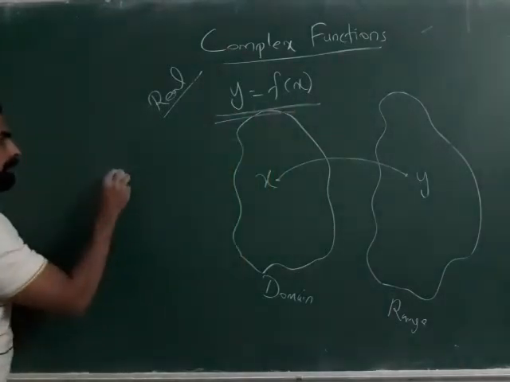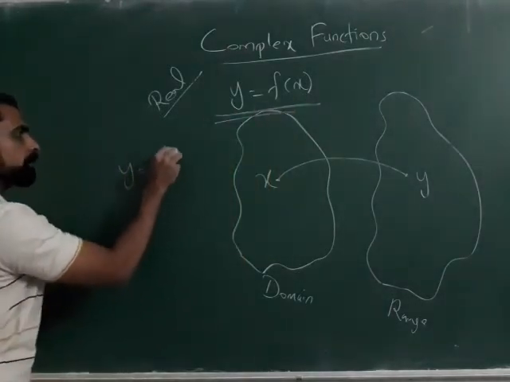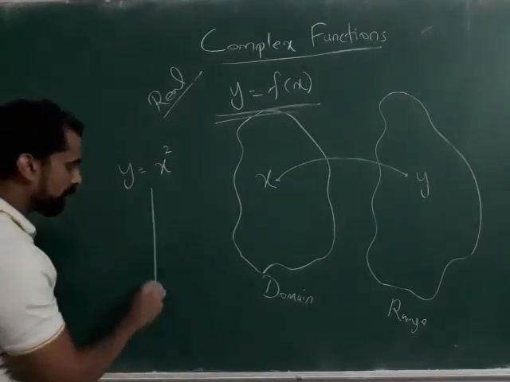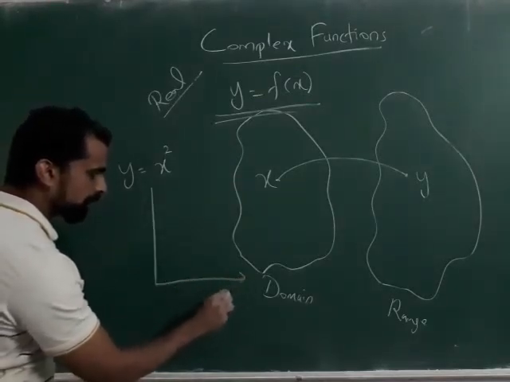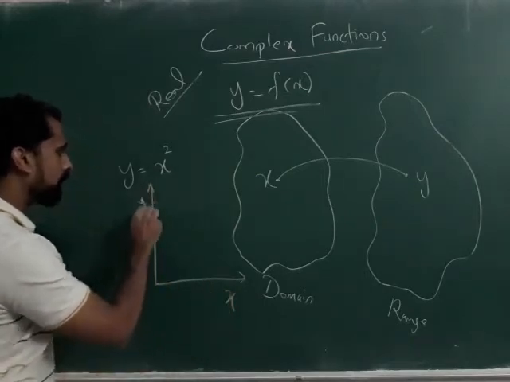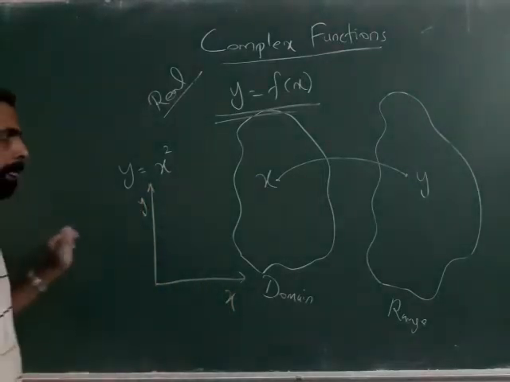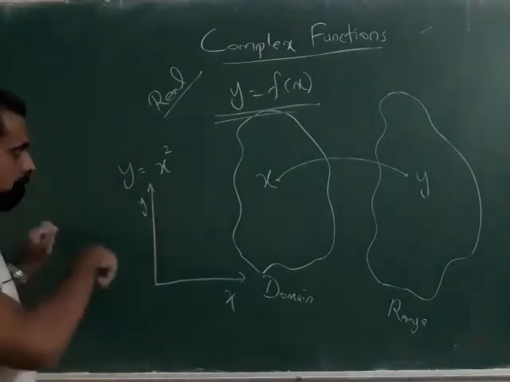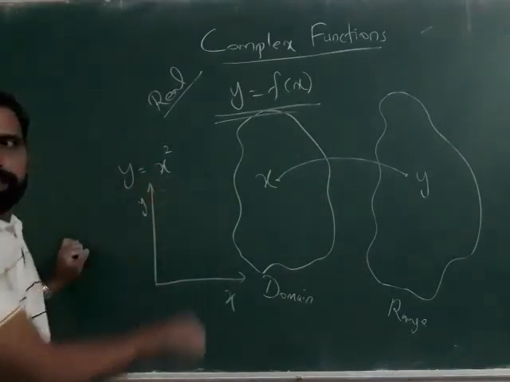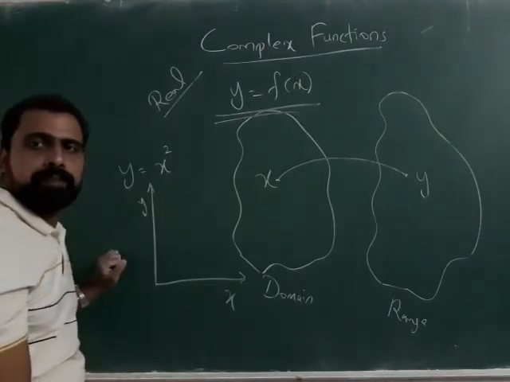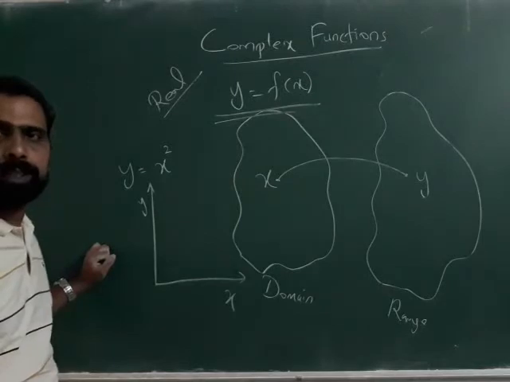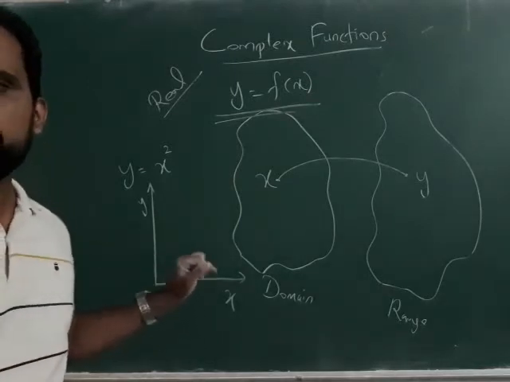You may have y is equal to x squared. Then how do we plot it? This is your x and this is your y, or f of x.